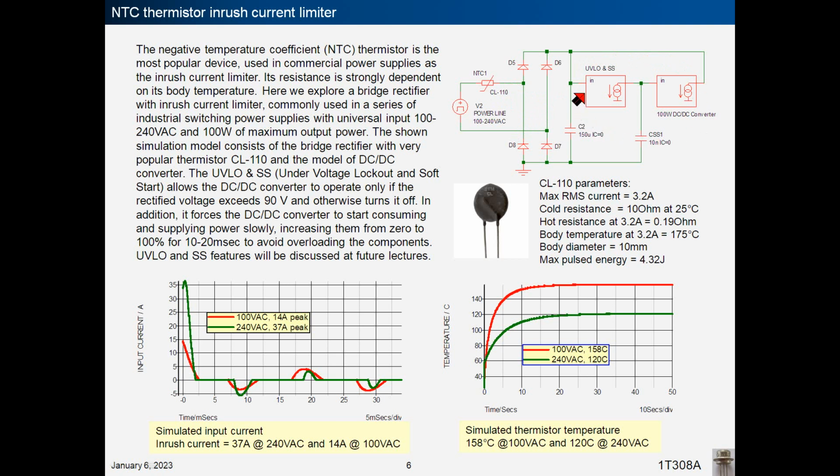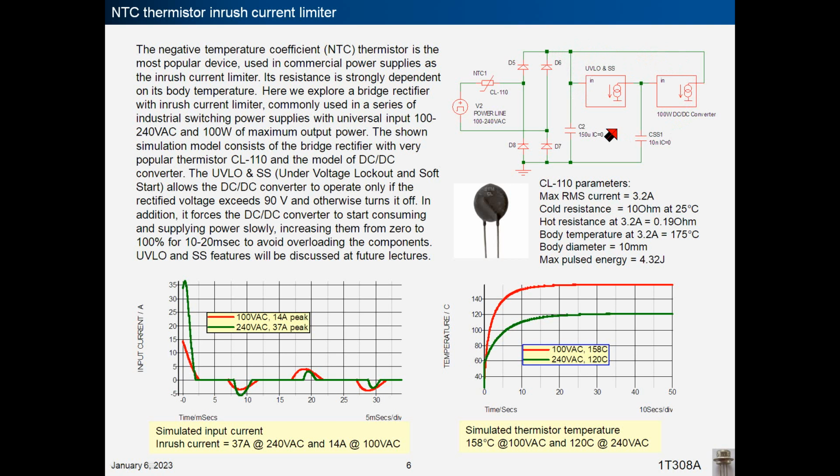The undervoltage lockout and soft start allow the DC-DC converter to operate only if the rectified voltage exceeds 90 volts and otherwise turn it off. If this voltage is lower than 90 volts, the DC converter is off.